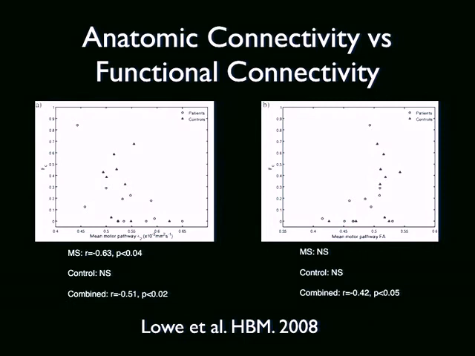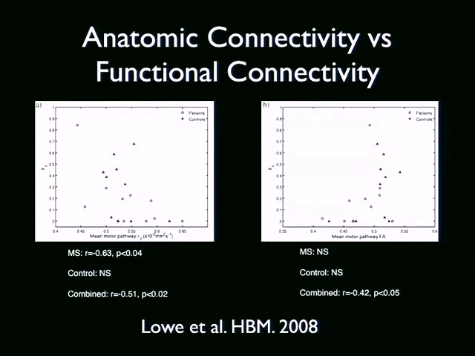So he looked at DTI in the corpus callosum in areas that were derived by tractography, and then compared that to functional connectivity by putting a seed in the primary motor cortex.